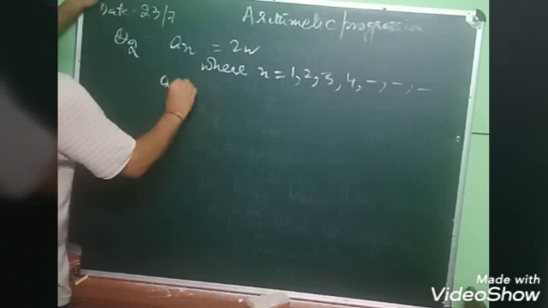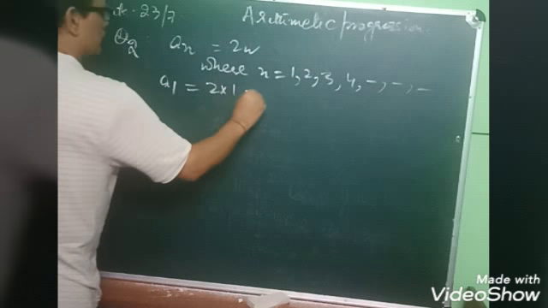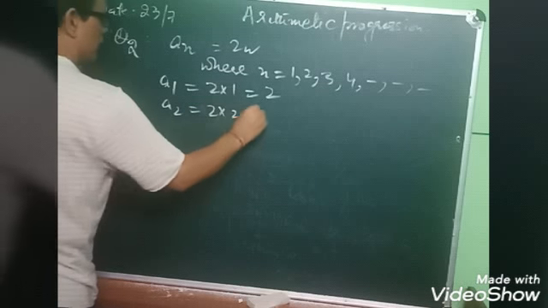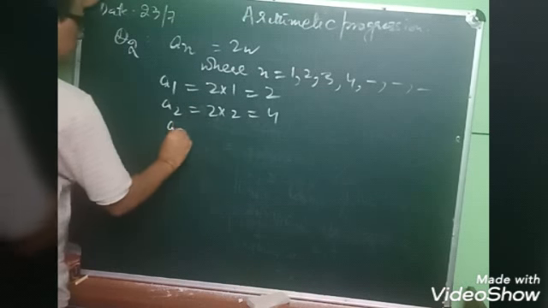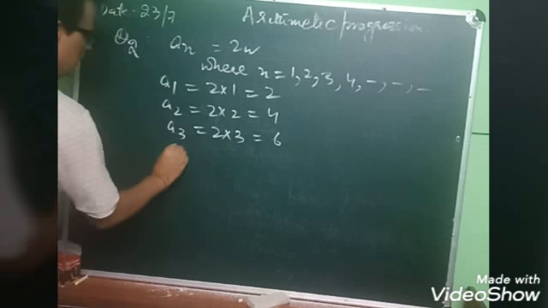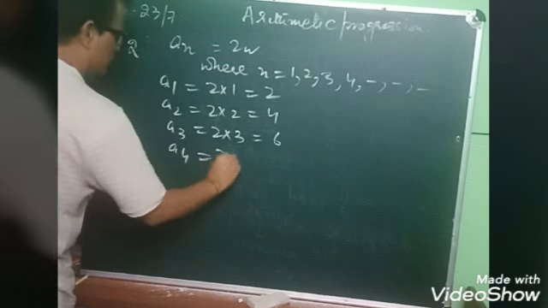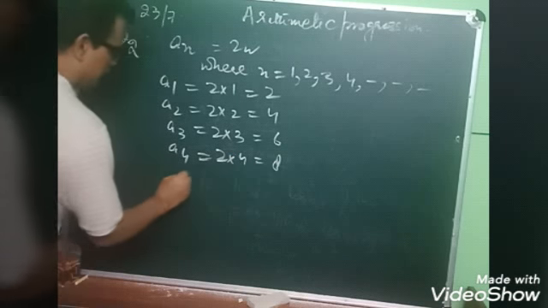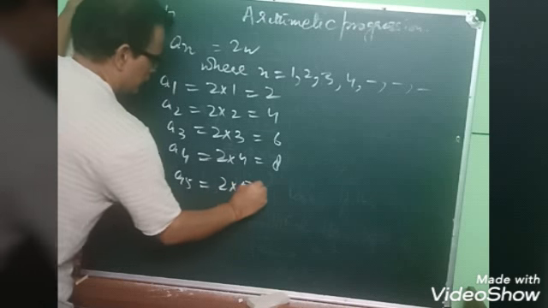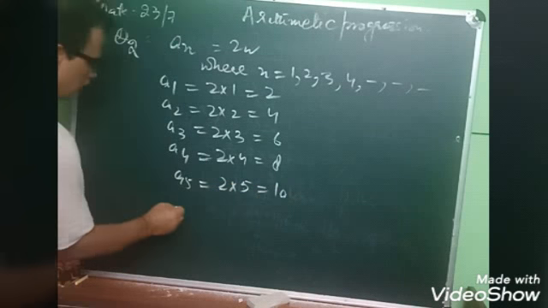This implies a1 is equal to 2 into 1, that is equal to 2. a2 is equal to 2 into 2, that equals 4. a3 is equal to 2 into 3, that is equal to 6. a4 is equal to 2 into 4, that is equal to 8. a5 is equal to 2 into 5, that is equal to 10, and so on.